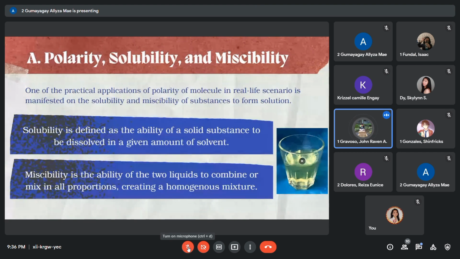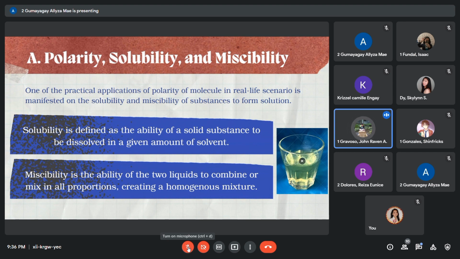When a solute and solvent are mixed, they form what is called a solution. A solution is only formed when the solute can be dissolved in the solvent. Solubility, a more general term than miscibility, refers to the ability of a substance, specifically the solute, to be dissolved in the solvent.